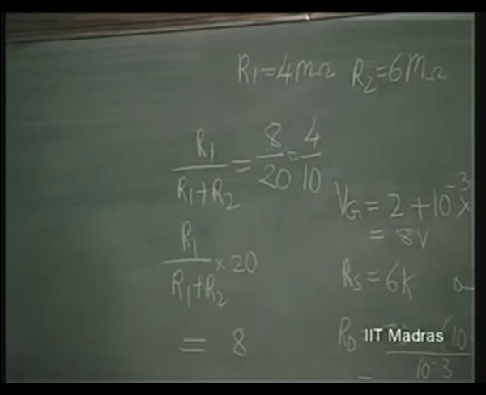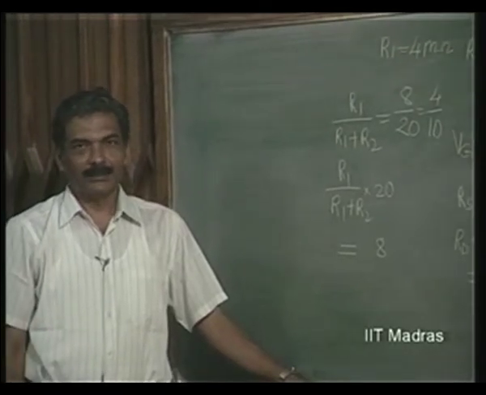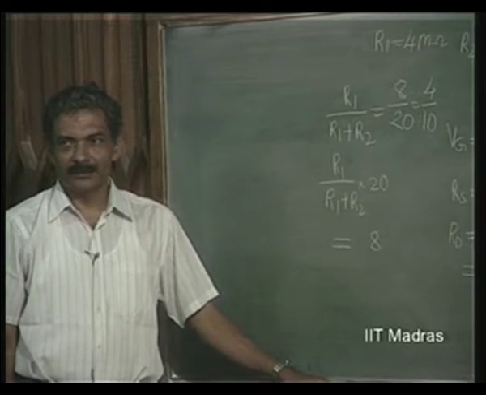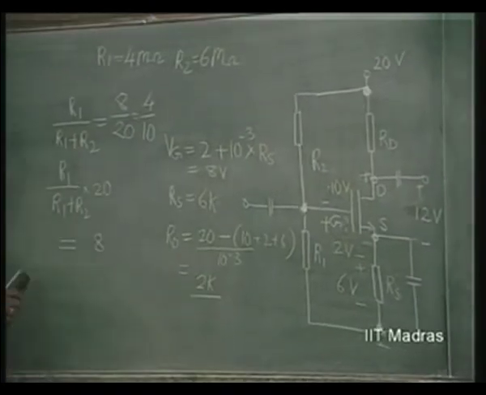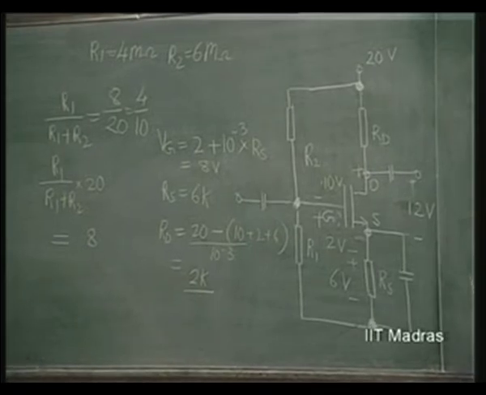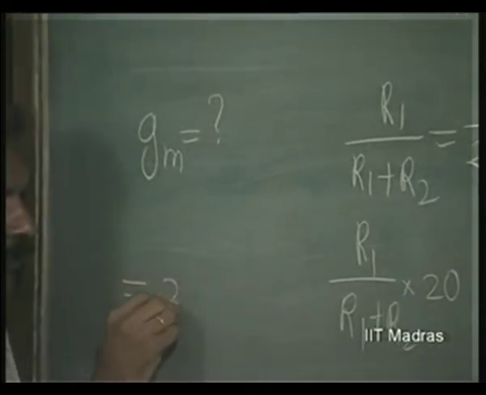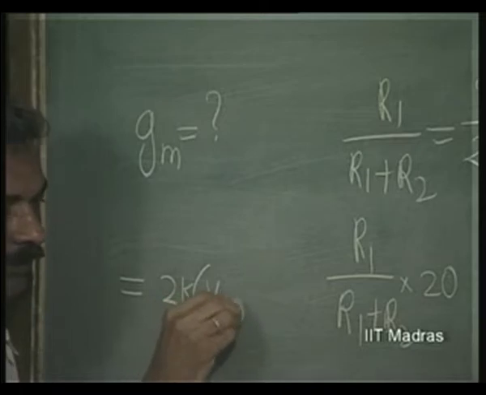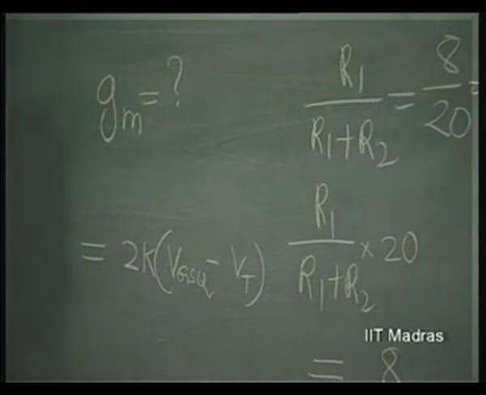So the design is complete, except that now I have to find out the gain. So how do we fix the GM? GM is nothing but 2K into VGSQ minus VT, right.